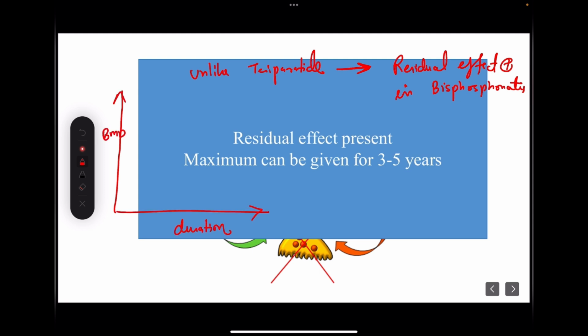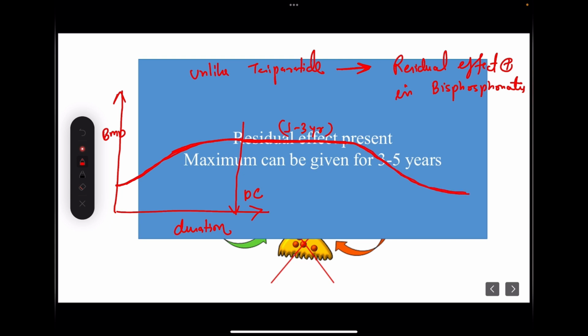So if I have started the bisphosphonate drug over this region, with some time the BMD of the patient is going to rise. If I discontinue the drug at this point of time, the BMD will not fall very rapidly, but it will stay elevated for a period of time, maybe for 1 to 3 years. That is different for different bisphosphonates. And after this duration, it will again start coming down.